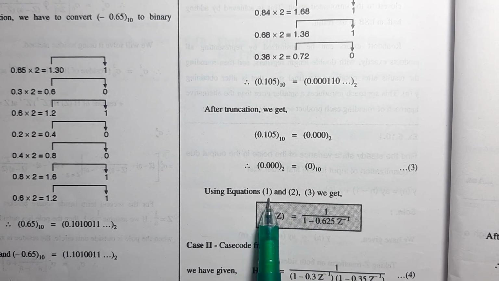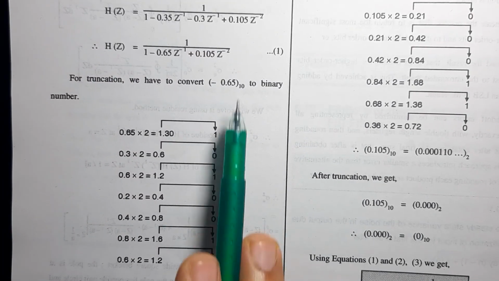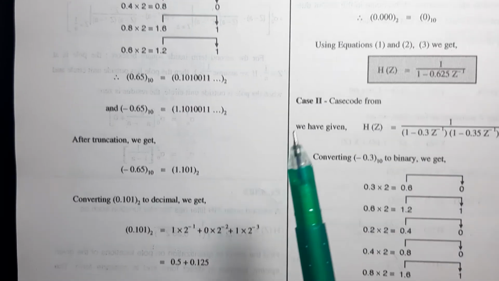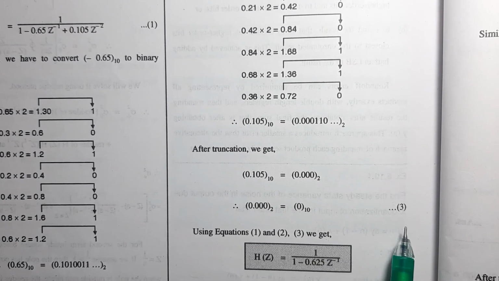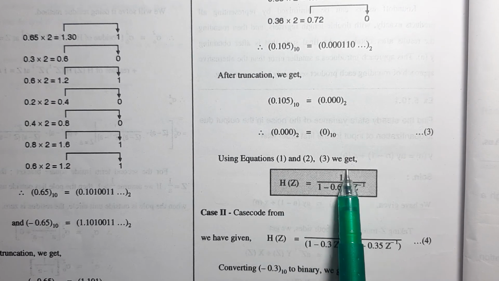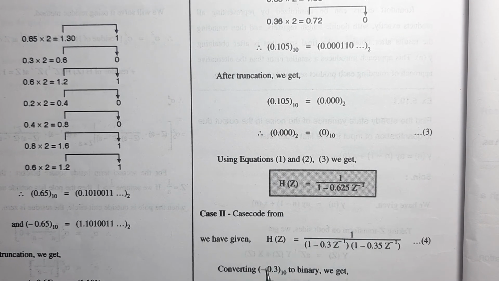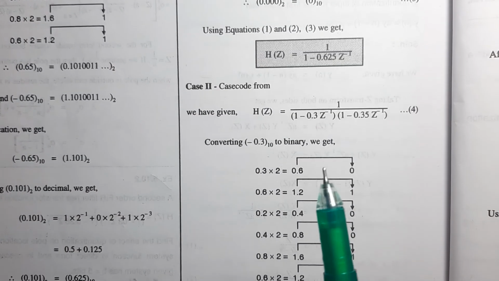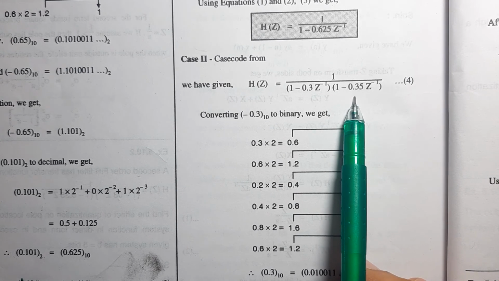So using equation 1, 2 and 3, we get H(z) equal to 1 upon 1 minus 0.625 z inverse over here. Now in cascade form, H(z) is given by a certain equation.